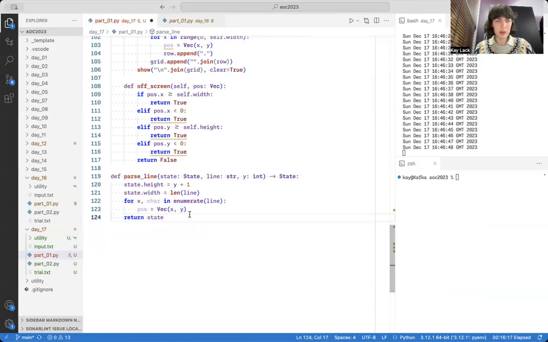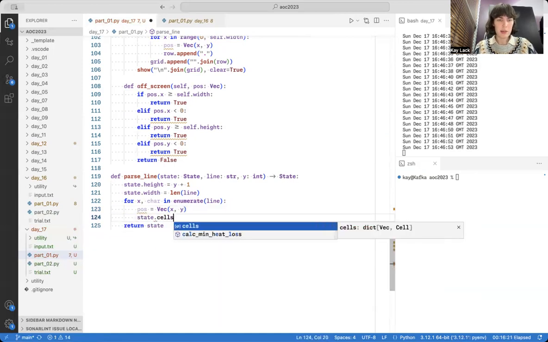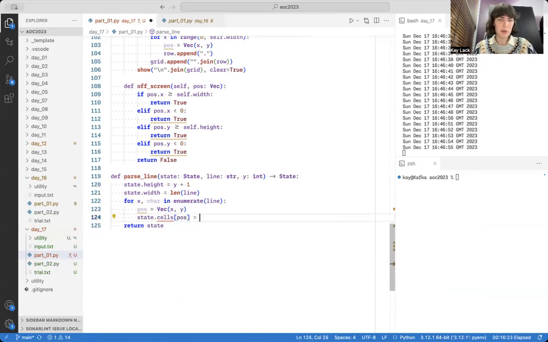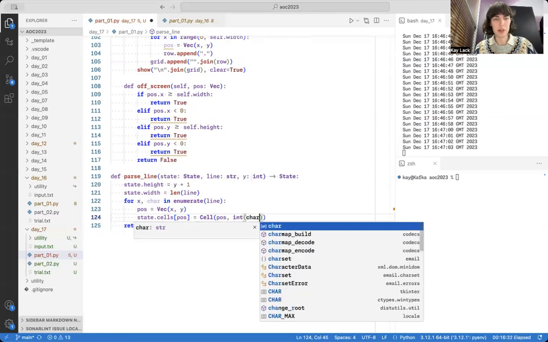Then let's go with state cells pos equals cell pos, and then it's the int x, isn't it? No, int phone.